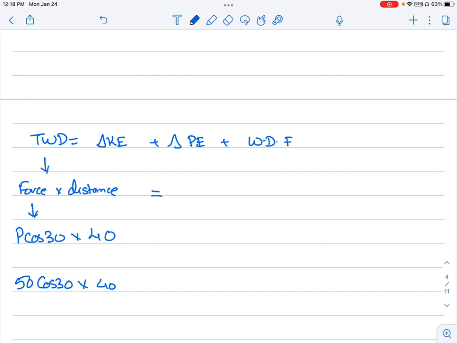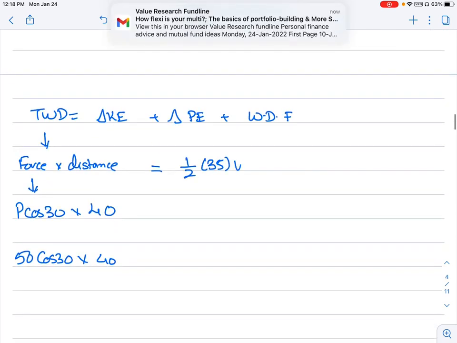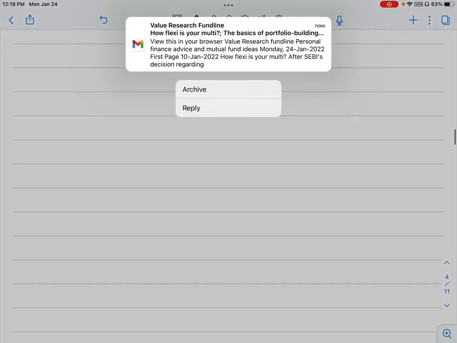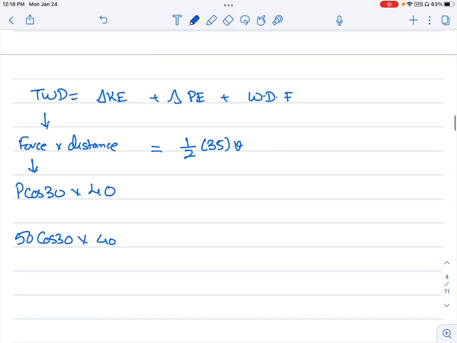Delta KE: the final kinetic energy we have to find out. Half m v squared minus half m u squared, where m is 35, the mass given as 35 kgs. u squared is 1.2 squared. Delta PE is equal to 0 because it is not moving up or down.